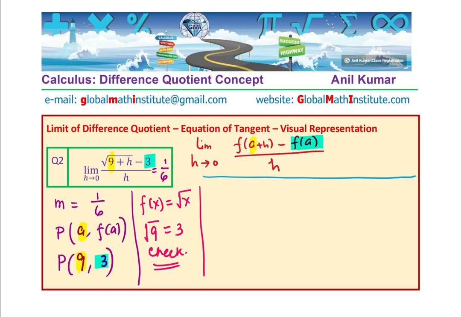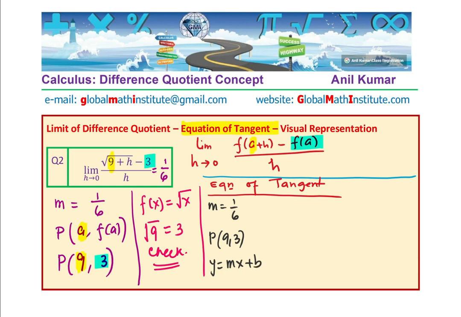So now let's find the equation of the tangent. We know the gradient, which is 1 over 6. We know the point, which is (9, 3). So the equation will be y equals mx plus b.